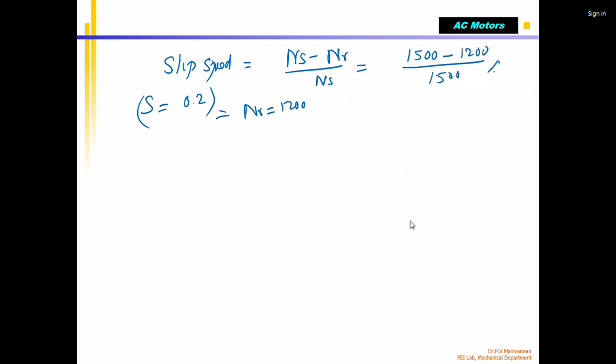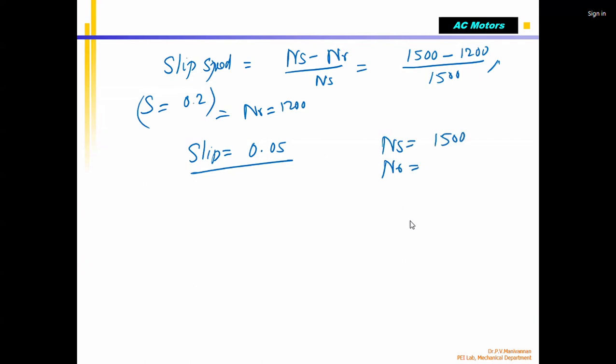For example, I compute another value, for example, slip equal to 0.05. Please note, many times the motor will be running with slip less than 0.1. Most of the time there are chances. Okay, so slip is 0.05, not 5. Then NS is already the same, a 4-pole motor, so we know that it is 1500.